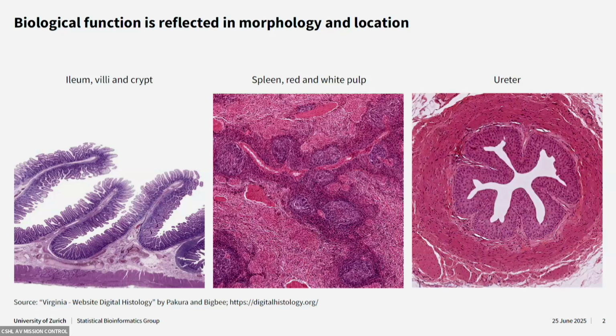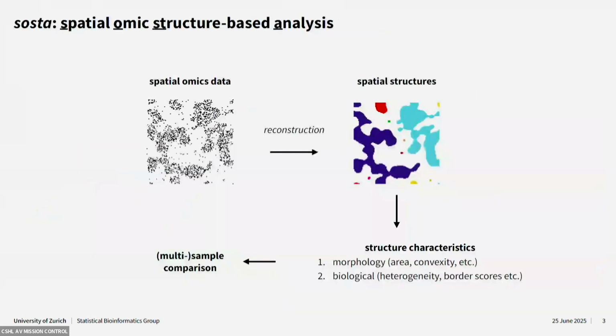Often biological function is reflected in the morphology of these structures and their location. So with the advent of spatial omics and spatial transcriptomics, this motivates a data analysis approach that embraces these multicellular structures. With our package, we try to guide through different steps of an analysis.